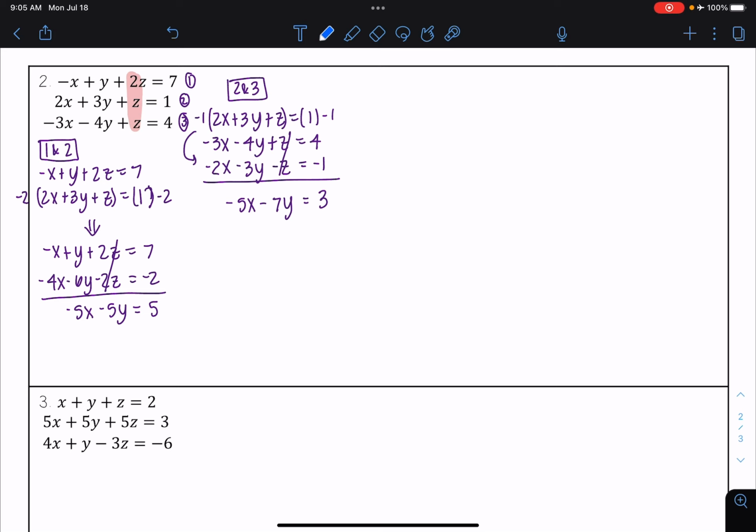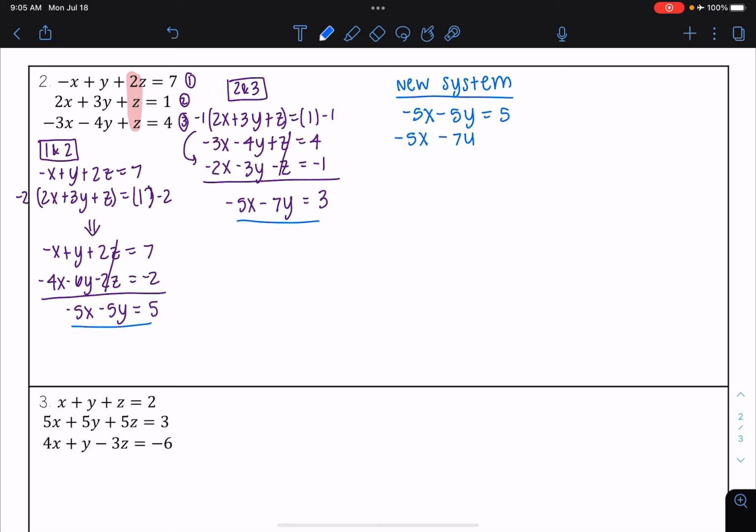Okay, so now that I have this, I can go ahead and create my new system. So I have two equations that are in two variables, so my new system is going to be negative 5x minus 5y is equal to 5, and negative 5x minus 7y is equal to 3. Here I see that the easiest variable to go ahead and eliminate is going to be x.